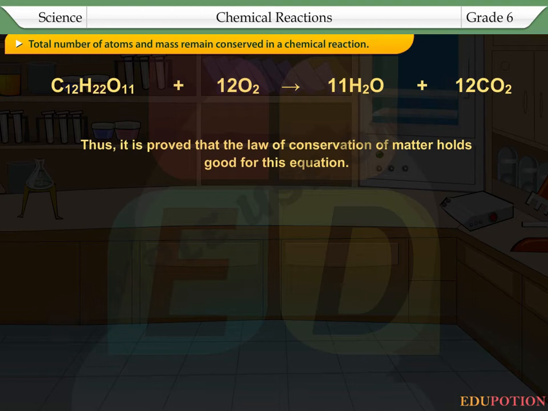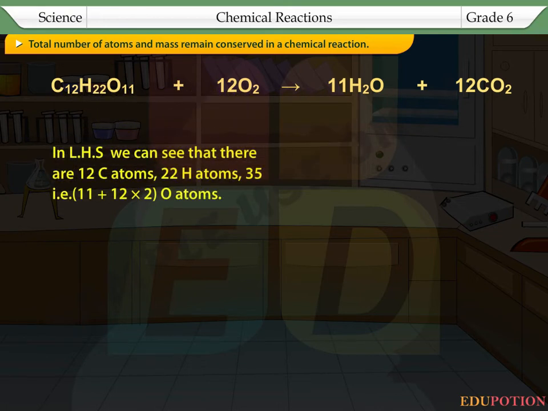Now we will try to know whether this equation is balanced or not. For this we will check the number of atoms of H, C, O on both the sides of the equation. In LHS we can see that there are 12 carbon atoms, 22 hydrogen atoms, 35, that is 11 plus 12 into 2 oxygen atoms.